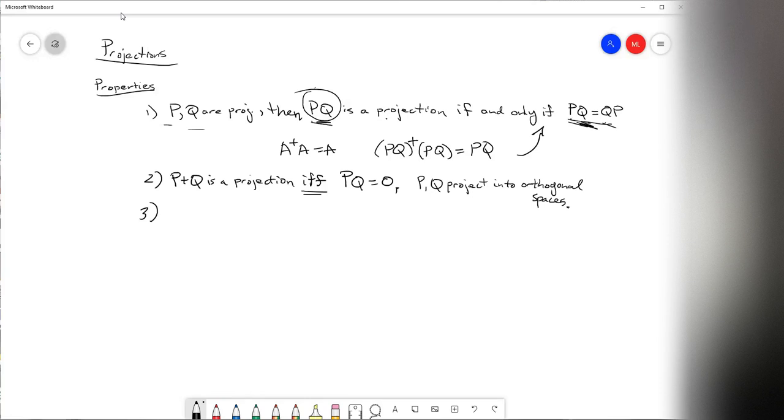And of course, if you have PQ equal to QP, then you can construct a projector like this, Q plus P minus QP. That's also going to be a projector.